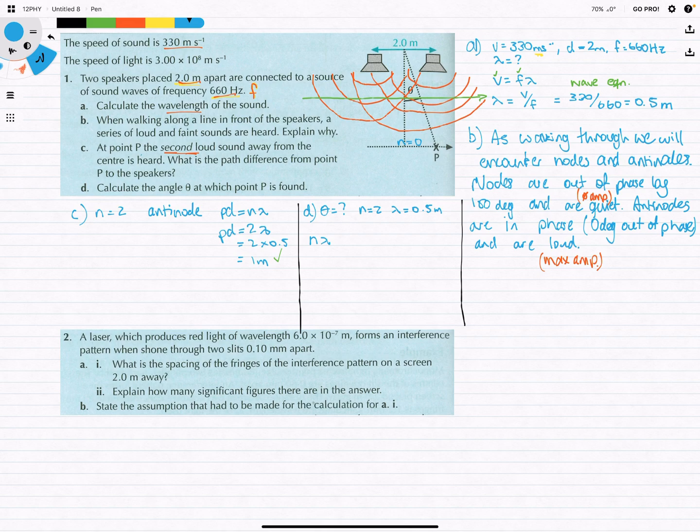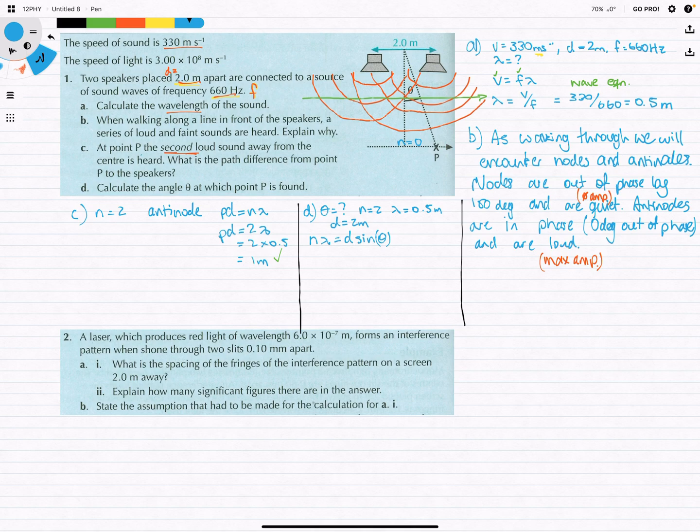By writing that down, I realize we also know d, because the speakers are d meters apart, they're 2 meters apart. So d equals 2 meters.